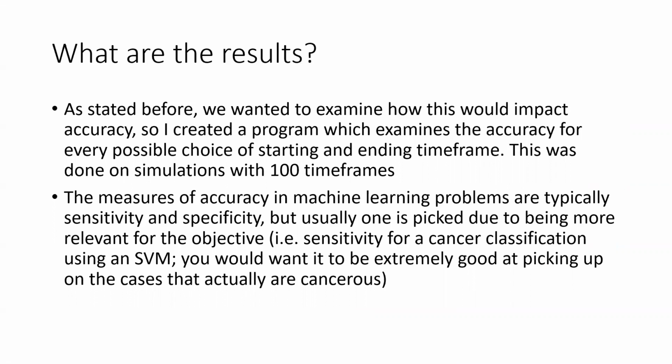And so we also needed to look at what our measure of accuracy should be. The measures of accuracy that are commonly used in machine learning problems are typically sensitivity and specificity. Sensitivity is the proportion of positive classes, that is, in this case, I think it would be clustering, that are actually positive.